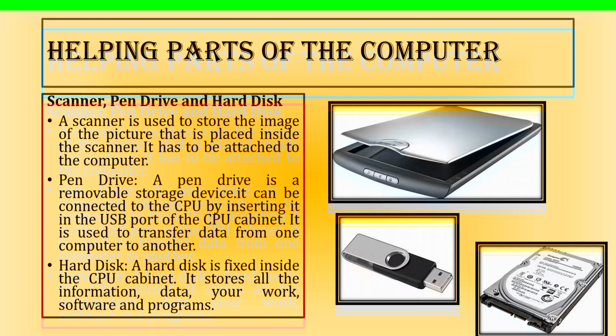These main four parts are useful for the computer, and the other helping parts of the computer are the speaker, headphones, microphones, pen drive, DVD, hard drive, and uninterrupted power supply, UPS.